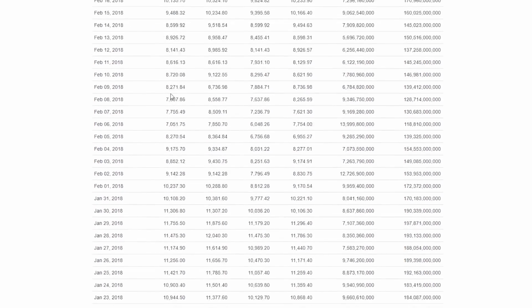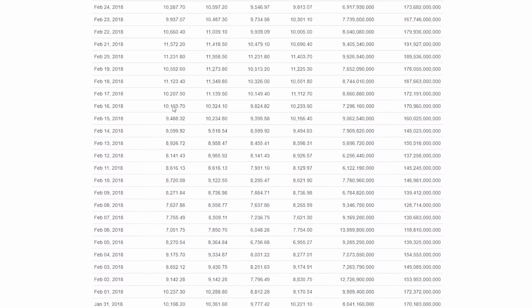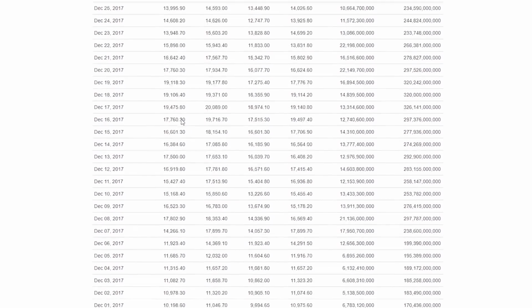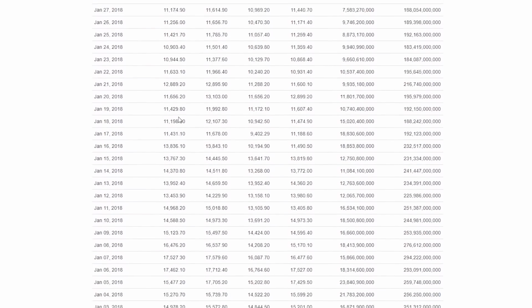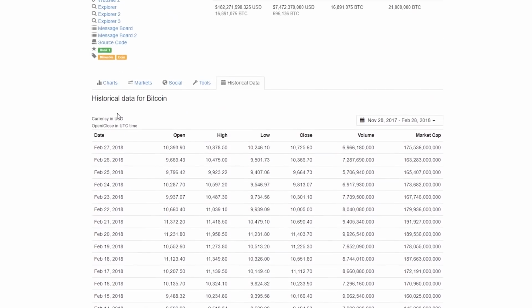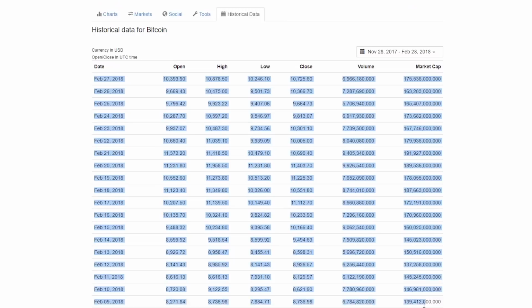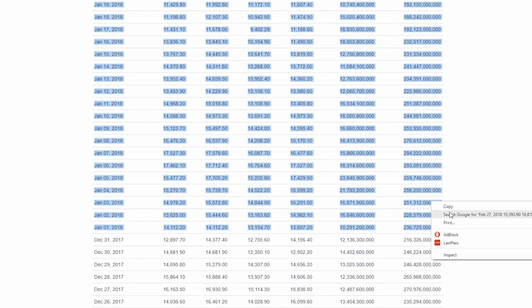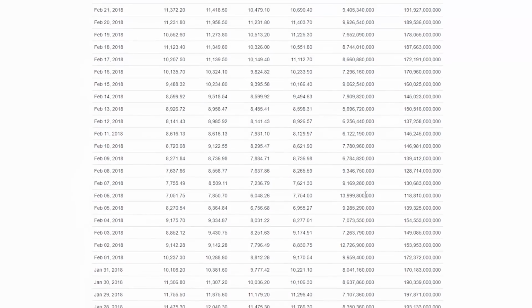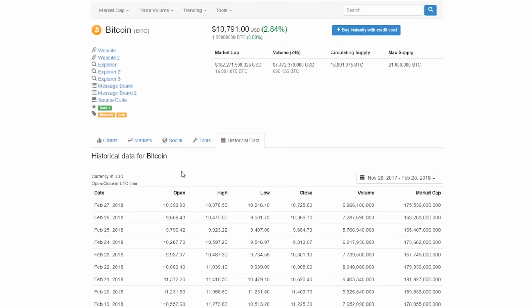The only downside at the moment is there's no export. There's no export to Excel, or to XML. So what I do is highlight it, copy it and paste it into a spreadsheet and then start to manipulate it from there. But that's a great tool if you want to do some data analysis based on that historical data.